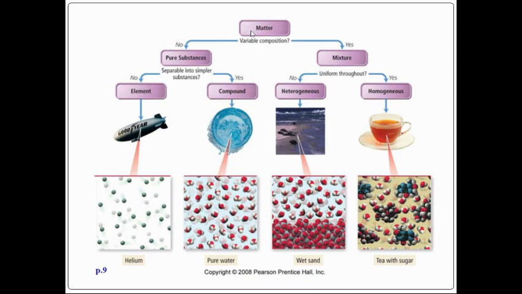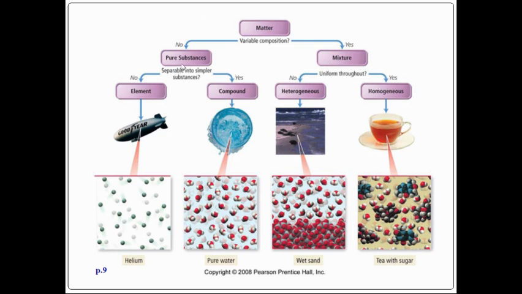So here we have how we are going to be classifying matter, which is a review from what we did earlier this week. Matter can be classified as either a pure substance or not a pure substance.